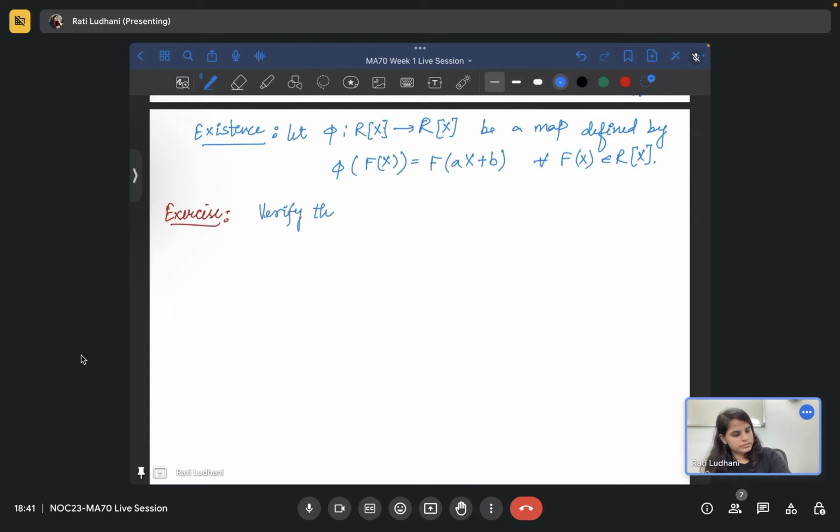Verify that phi is a ring homomorphism. So again, what you need to check is homomorphism.